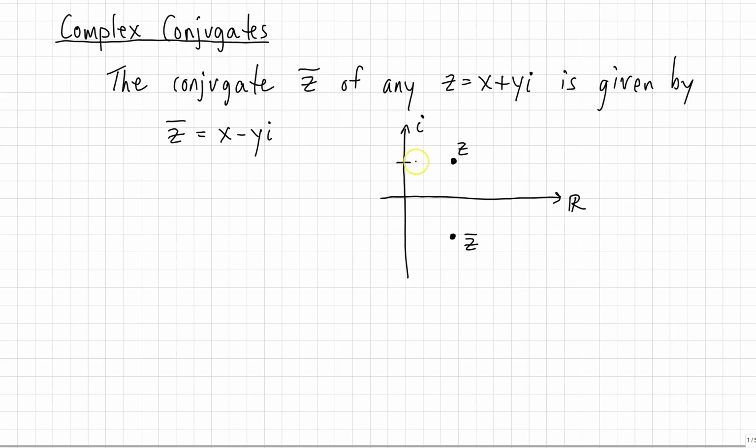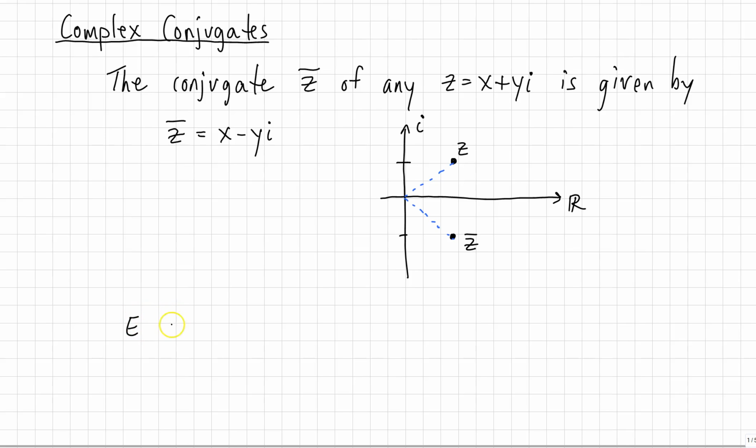So whatever this number is here, y, this will be the opposite of that number. So basically a number and its conjugate are the same distance from the origin. So they will have the same modulus. One's just reflected over the real axis.